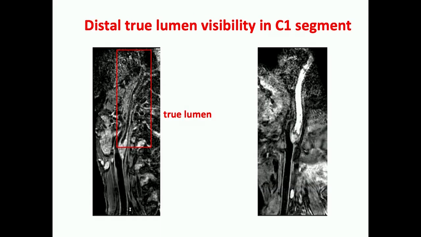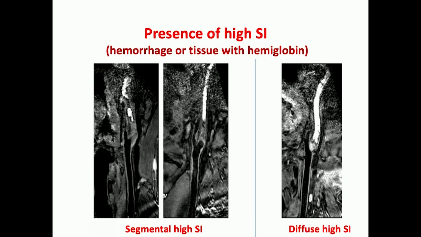The distal true lumen visibility in the C1 segment was recorded, and the presence of high signal intensity was recorded. The etiology of these high signal intensity lesions may differ. They may indicate intraplaque hemorrhage, or maybe hemoglobin lesions like dissection or blood clots.